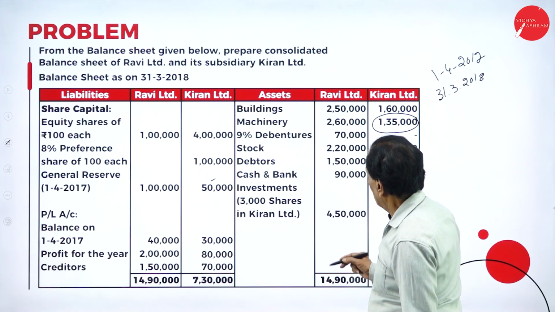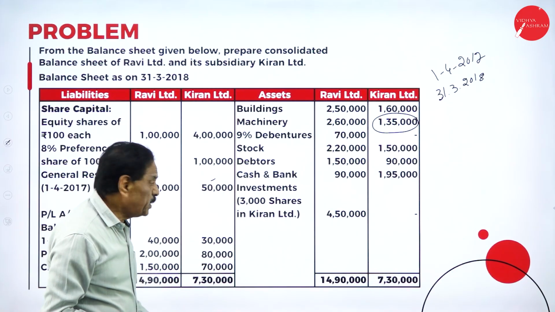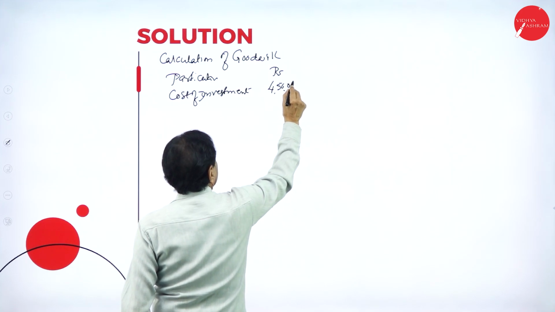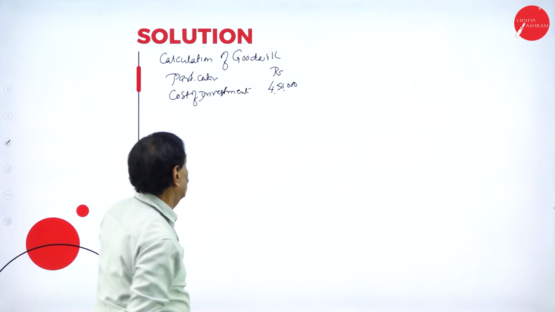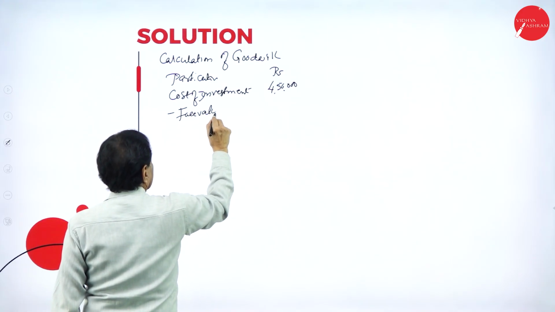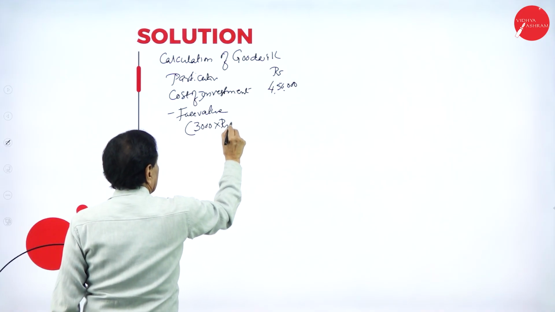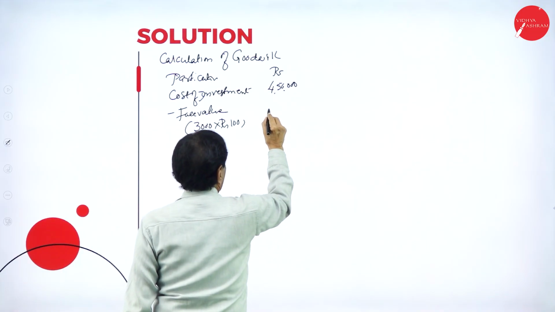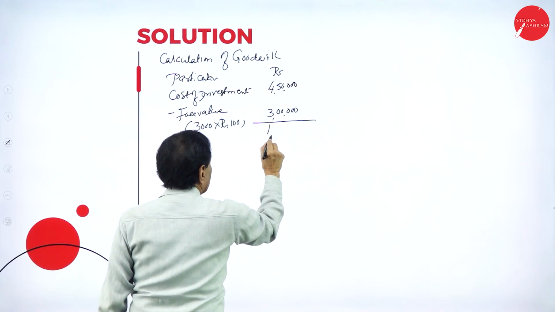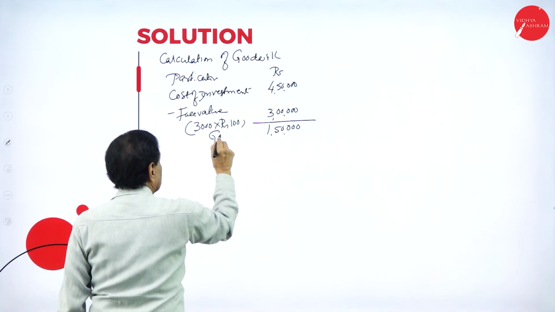For 3,000 shares, how much did he pay? 4,50,000 for 3,000 shares. Minus face value: 3,000 shares of rupees 100 each, it is 3 lakh. How much more? 1,50,000, which is considered as goodwill.